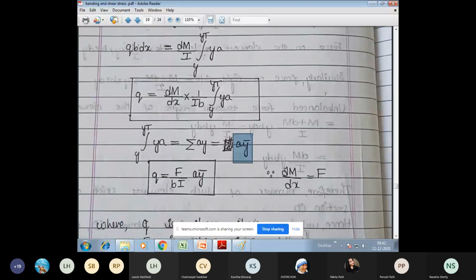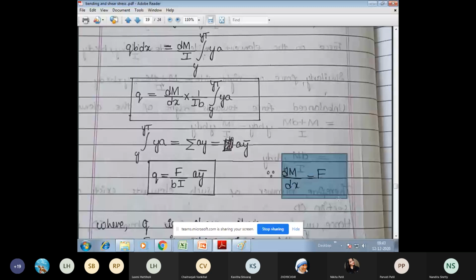Q is equal to, and another point, dM by dx is nothing but F, because we know that if you differentiate bending moment, you are going to get shear force. In the third module, while studying the relationship between the bending moment and the shear force, I got an equation saying that dM by dx is equal to F. The meaning is that the differentiation of the bending moment will give you the shear force.